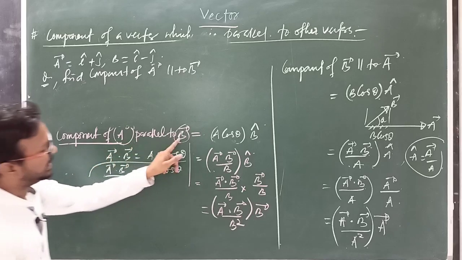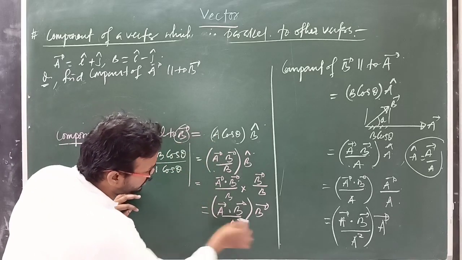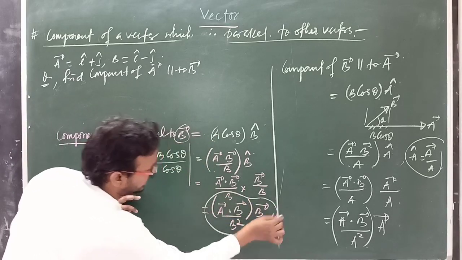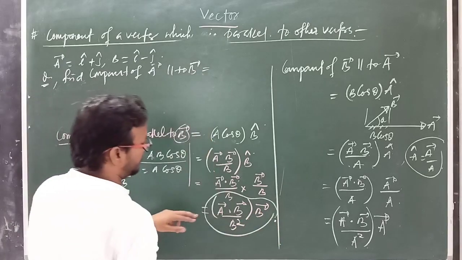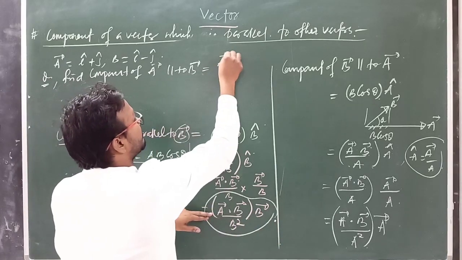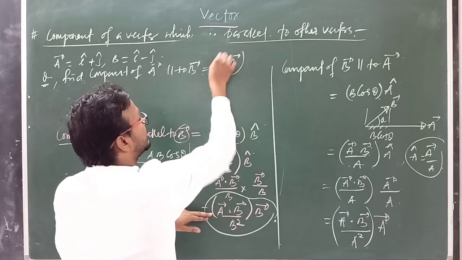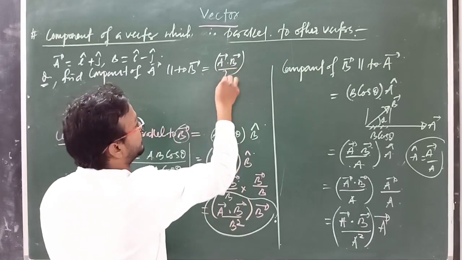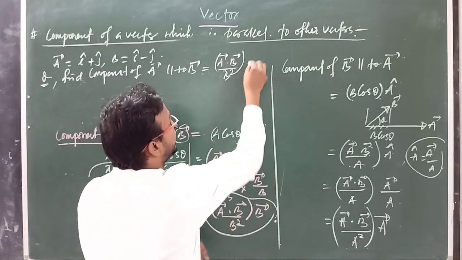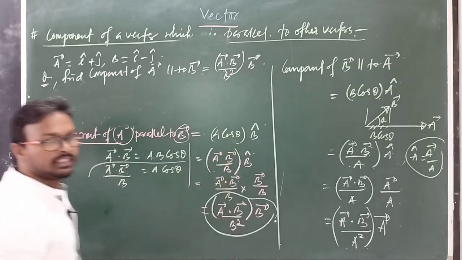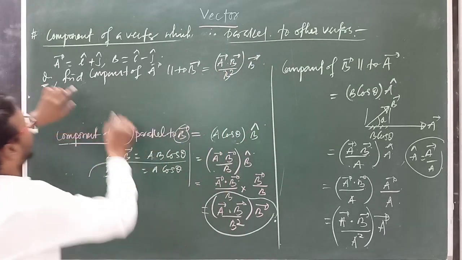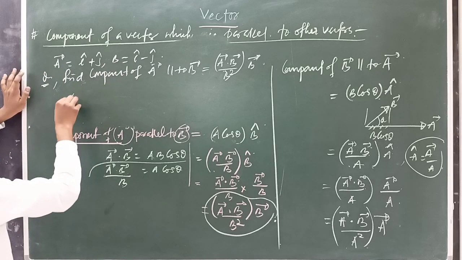Component of A vector parallel to B vector means you have to use this relation directly. Clear? So here you can write A dot B vector divided by B square into B vector.